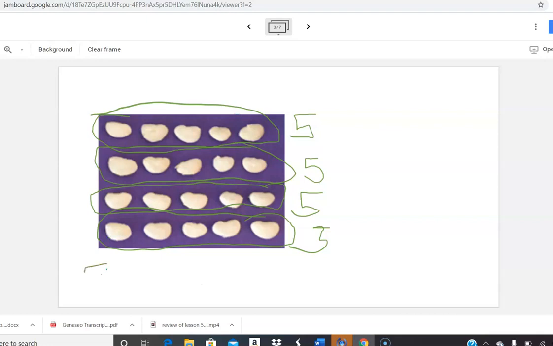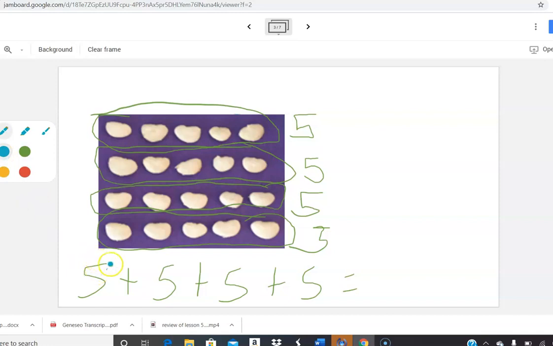It would be 5 plus 5 plus 5 plus 5 equals. Now, again, you could do your doubles facts and do 5 plus 5 equals 10, right?